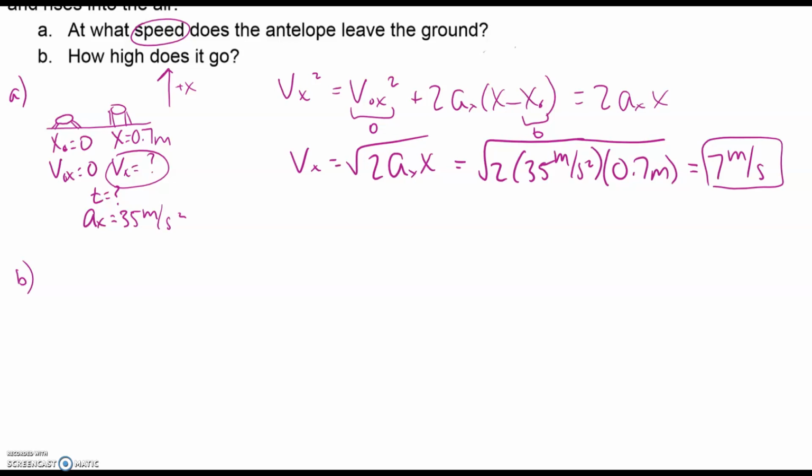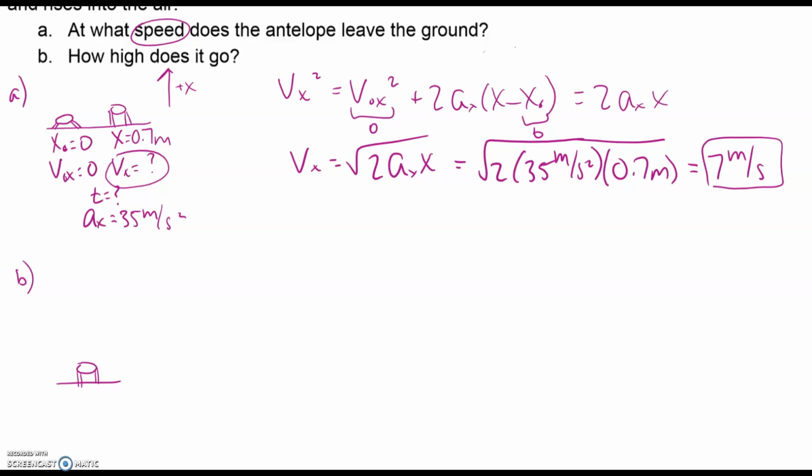So let's see. Here's sketching out what we've got. We've got our antelope, and we're dealing with the part where its legs are fully stretched out. So basically, the point which I called my final location in part A is now my initial situation. And then the question is, what should we call our final location?